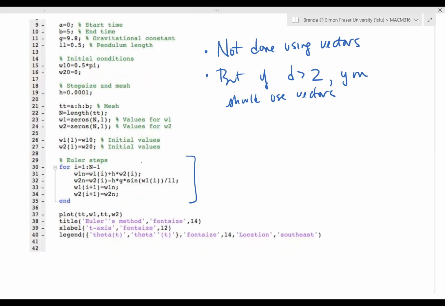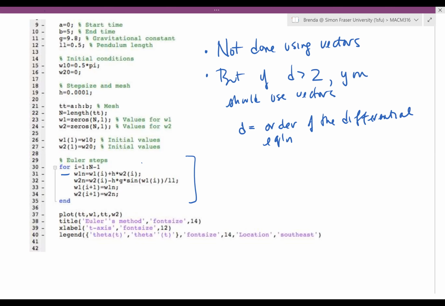That V is the order of the differential equation. A second order differential equation results in two things here. That's not the way I did that here. It's two.